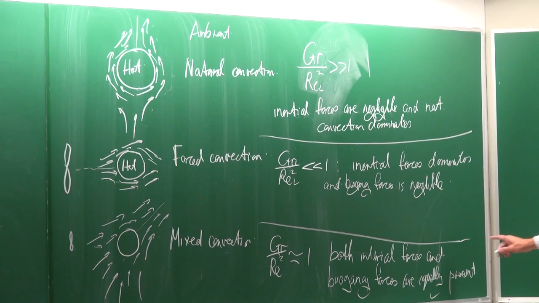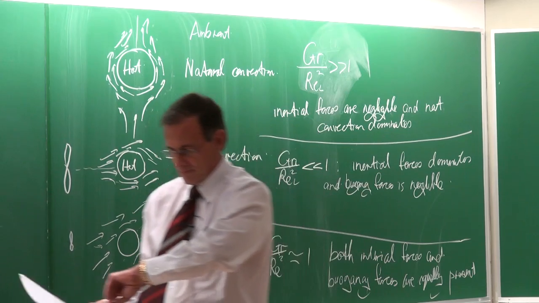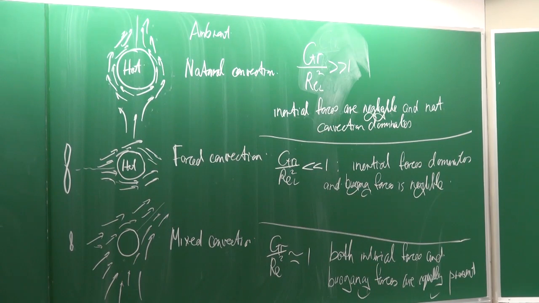Okay, now you can't read it. Both the inertial forces and the buoyancy forces are equally present. They're approximately of the same magnitude. Okay, this is the fundamentals of natural convection.